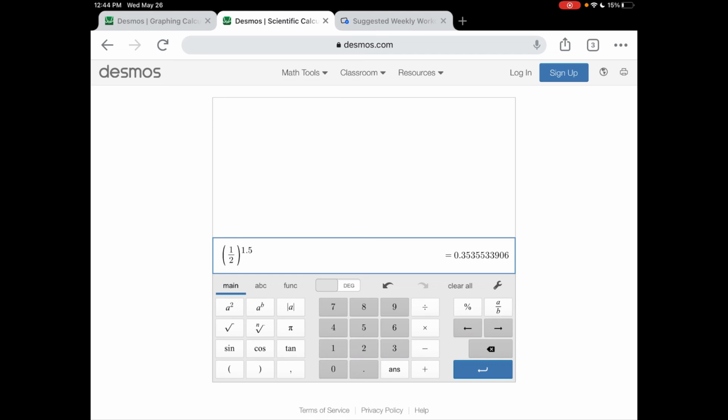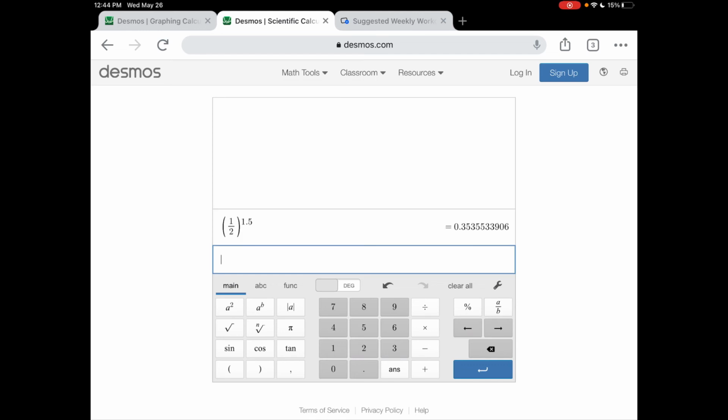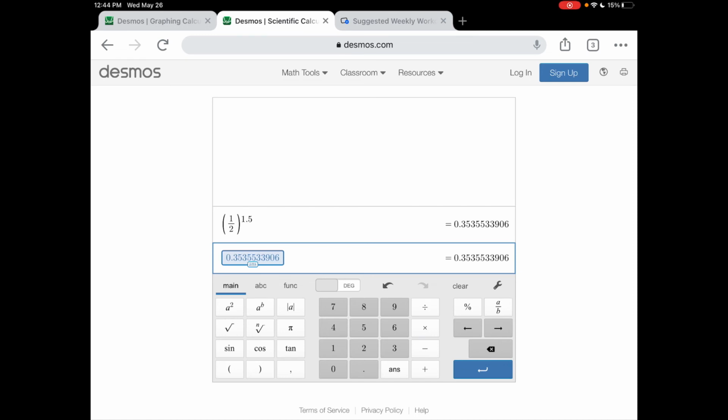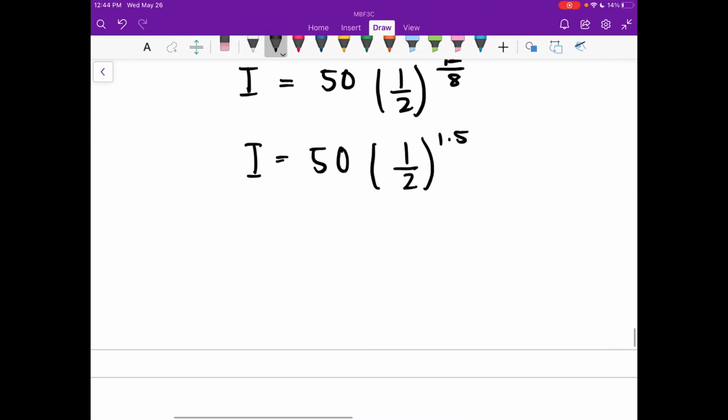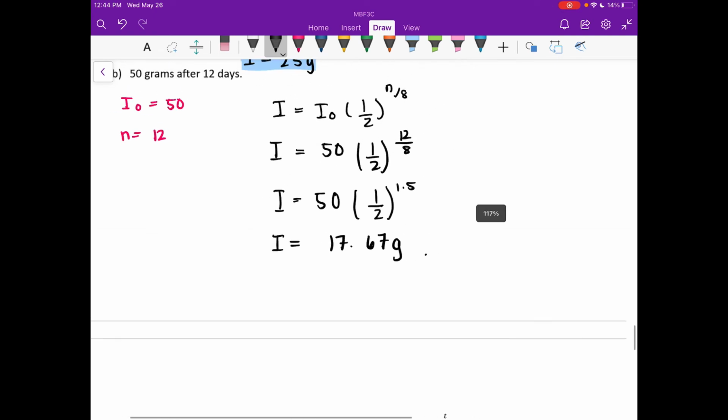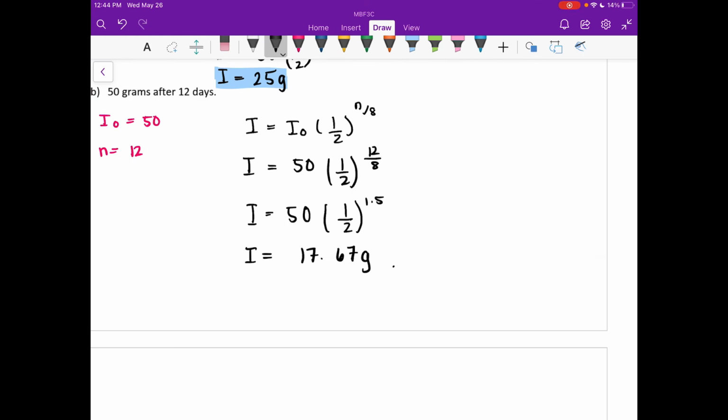Then I'm going to multiply my answer by my initial value, which was 50 grams. So my answer is going to be 17.677669. I'm going to write it as I is equal to 17.67 grams. So after 12 days, I'll have 17.67 grams left over.